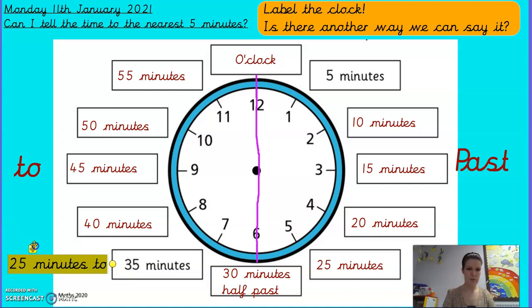Or you can say it's 25 minutes past. So if I just add the word past there, just to complete that. So for the next one, then you would say it is 20 minutes to.